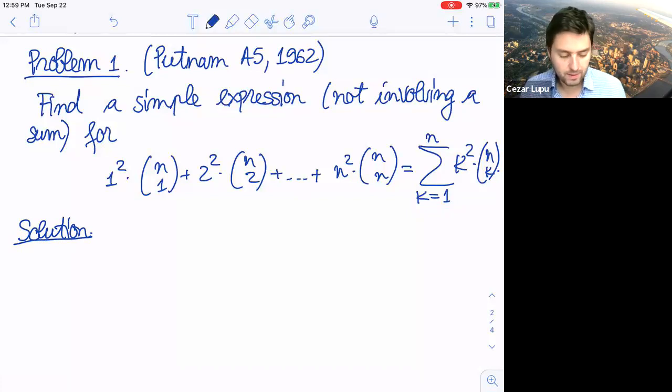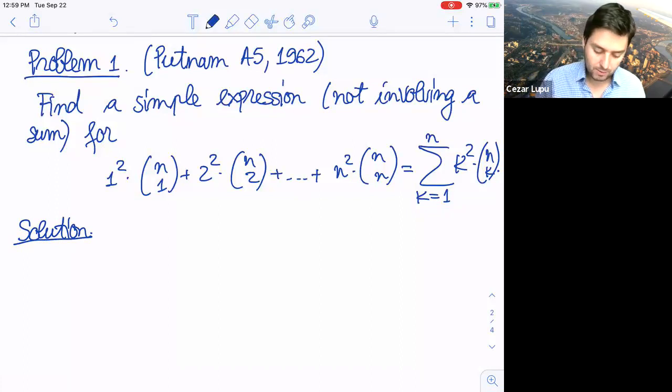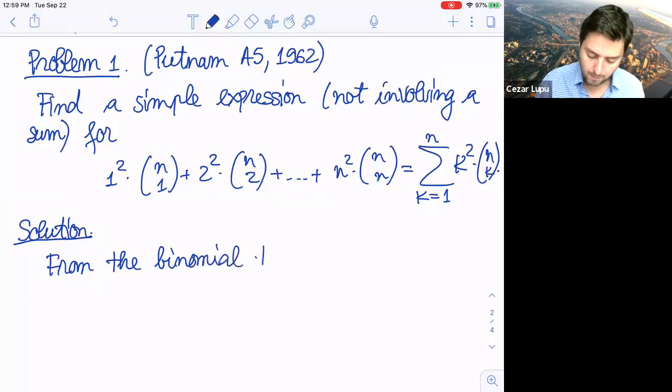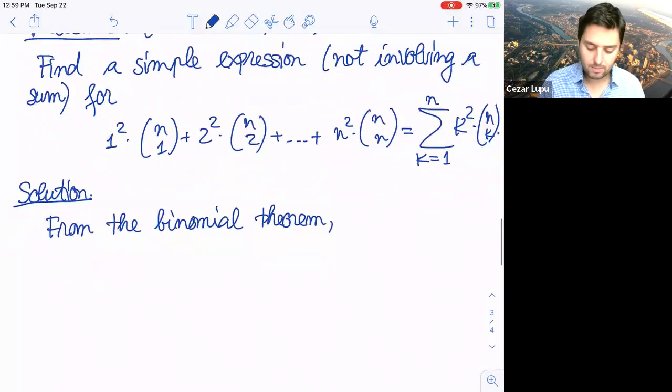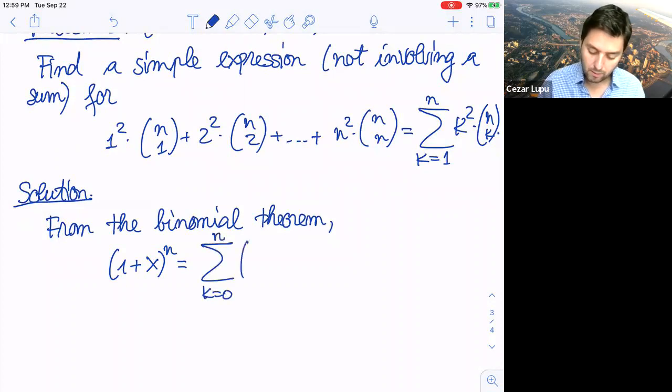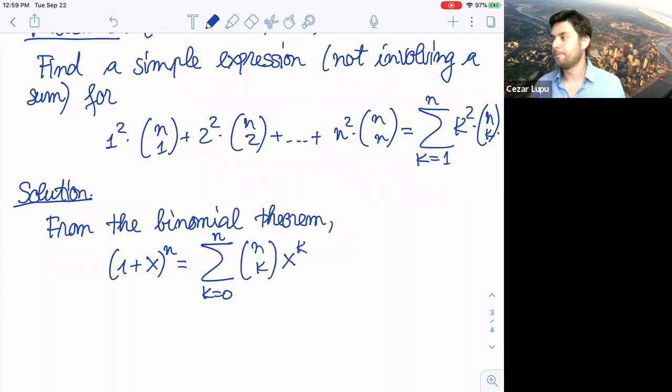What do I mean by that? So let's go back to the binomial theorem, but I'm going to write it in this way. From the binomial theorem, we have 1 plus x, let's say, everything to the power n, and this will be nothing else than the sum of n choose k times x to the power k, right?